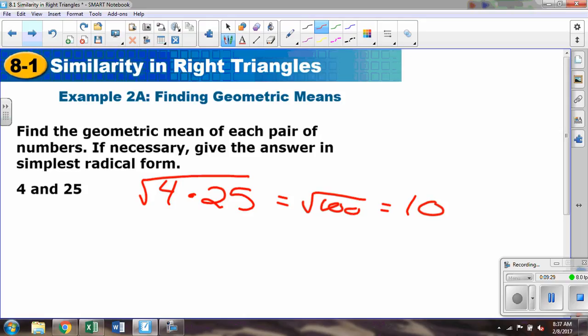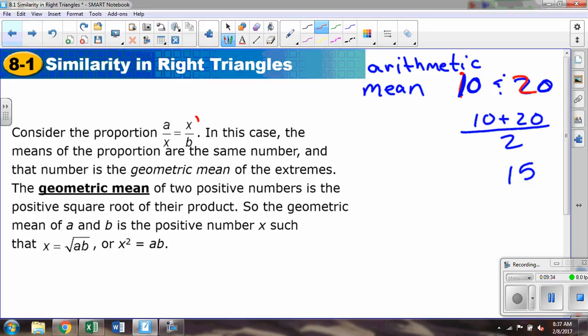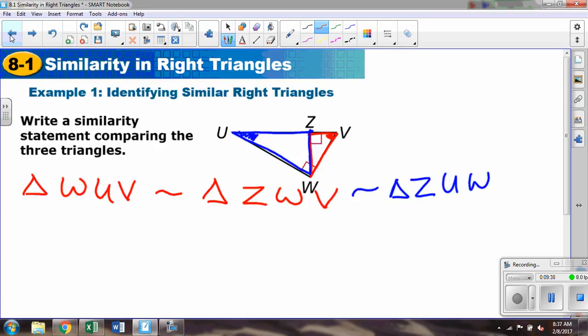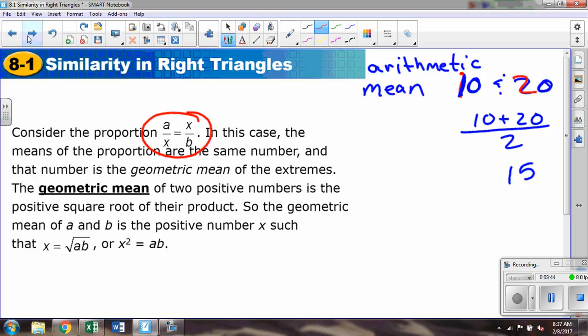Where this piece comes from is actually from a proportion. And we are going to see, when we work with this type of picture, we will create proportions from similarity that will look like this. And so the similarity from this triangle, from this picture, leads us to calculating the geometric mean.